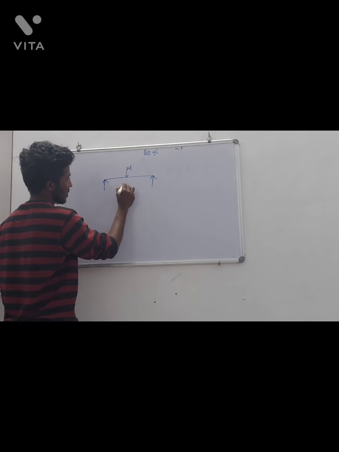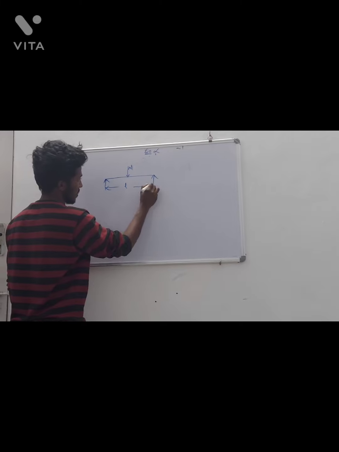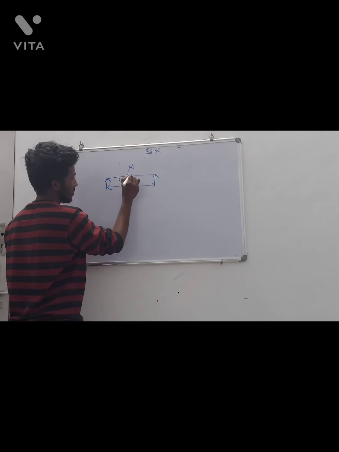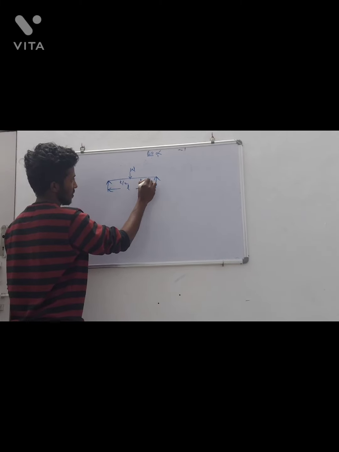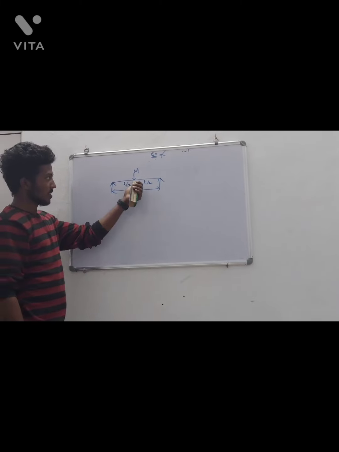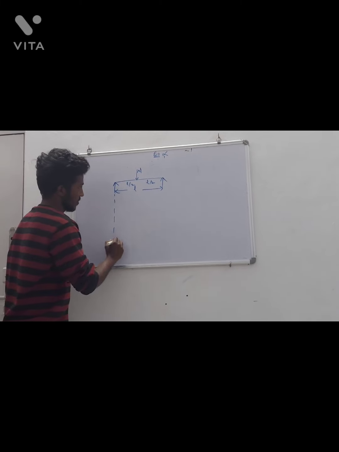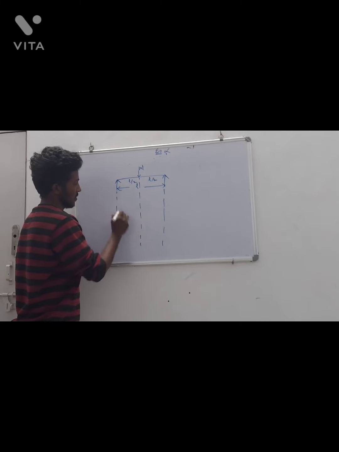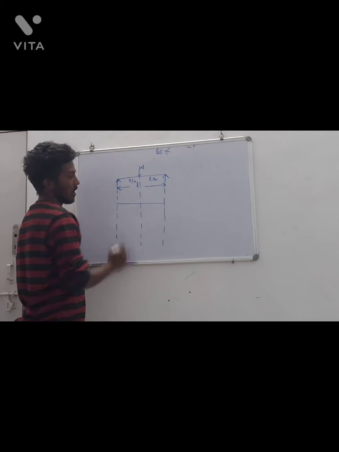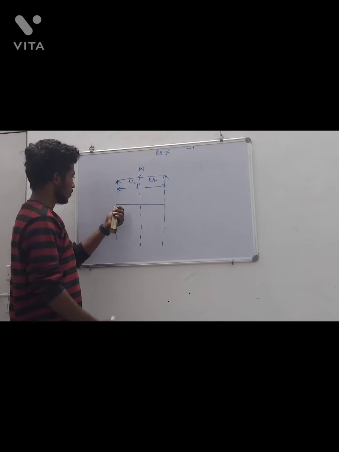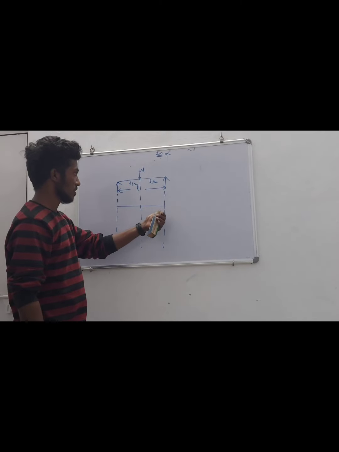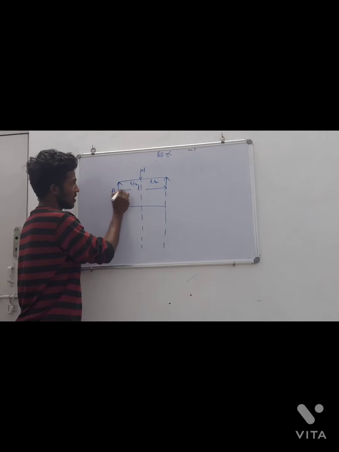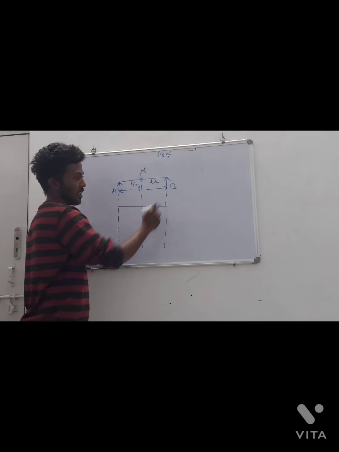If the total length is L, it becomes L by 2 because the load is acting at the center. For this, we have to draw the shear force and bending moment diagram. To draw them, we have to calculate the support reactions, that is A and B.